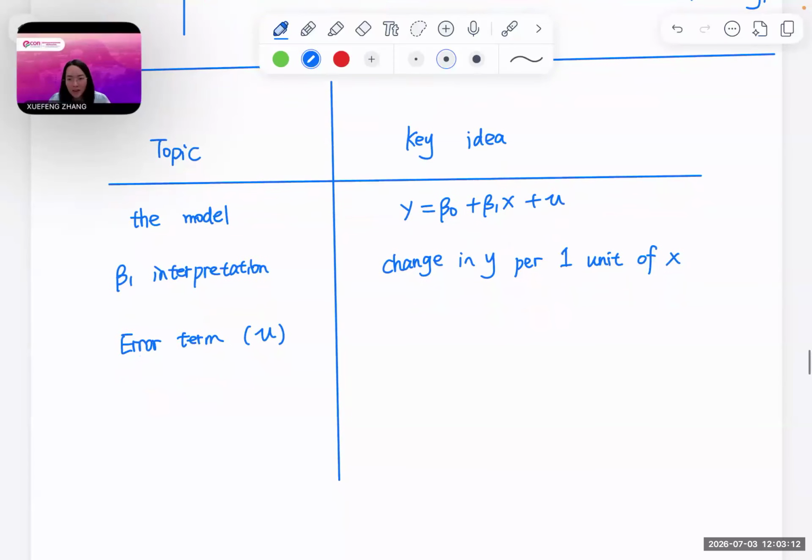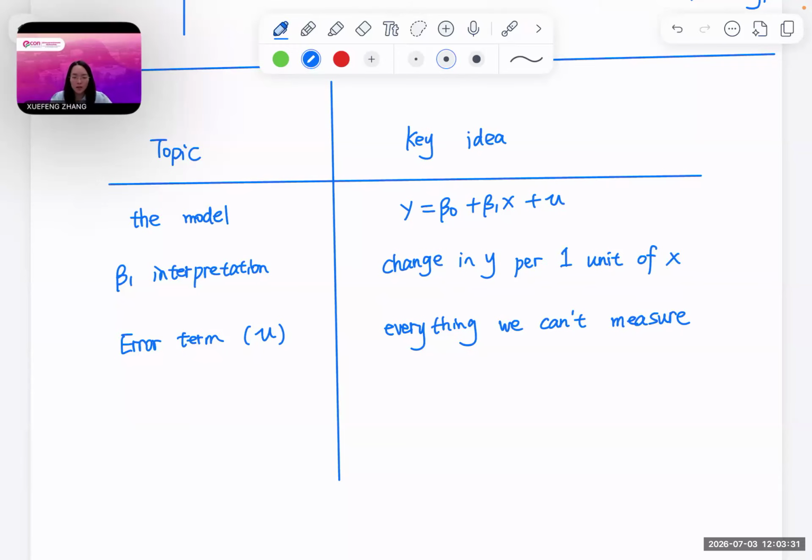It means everything we can't measure, okay?